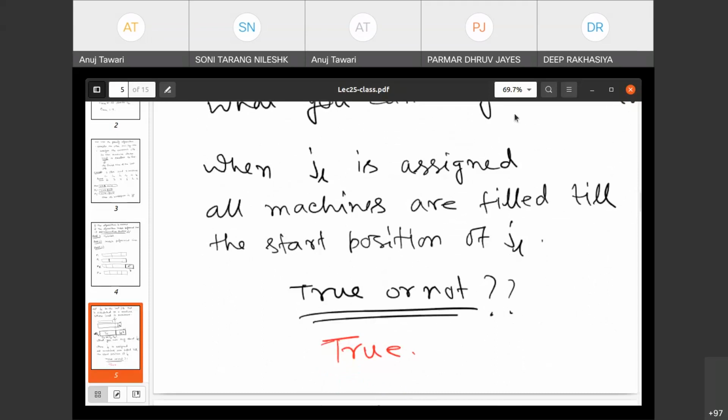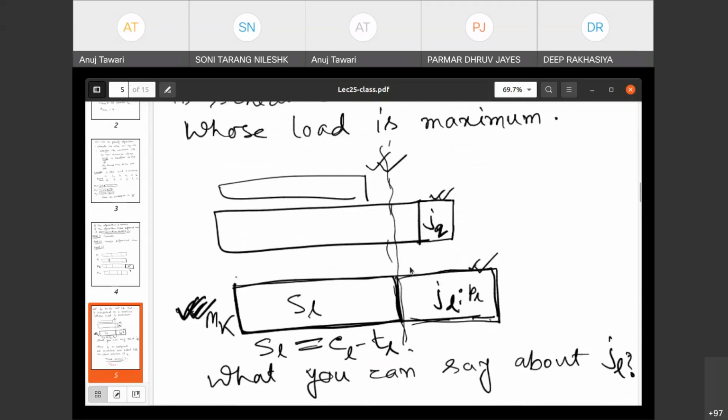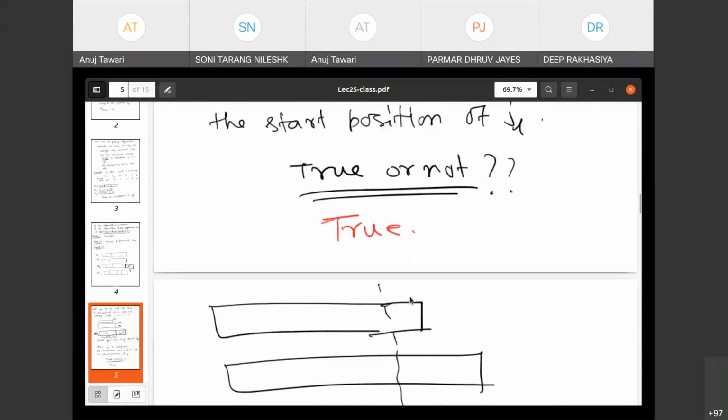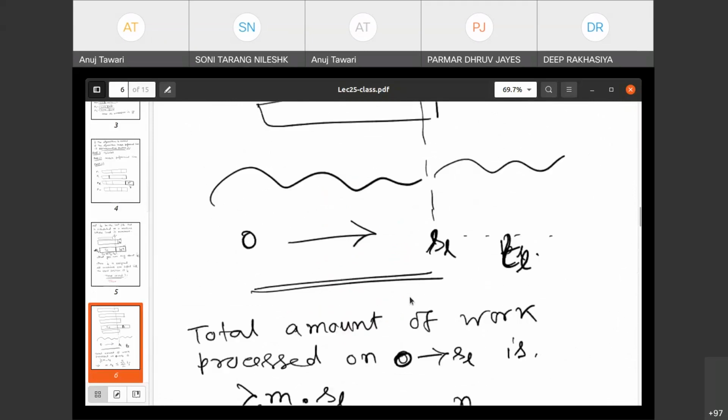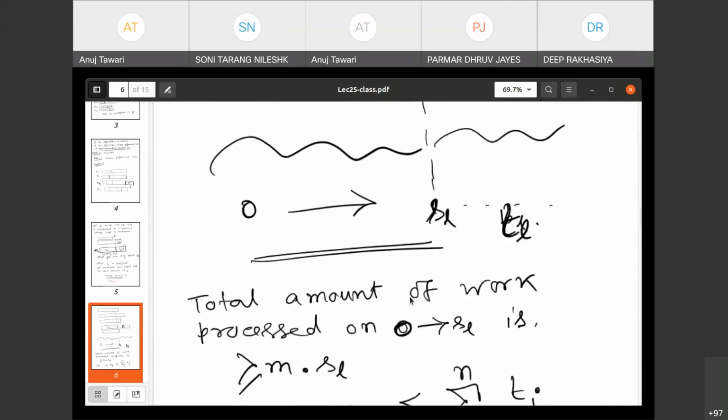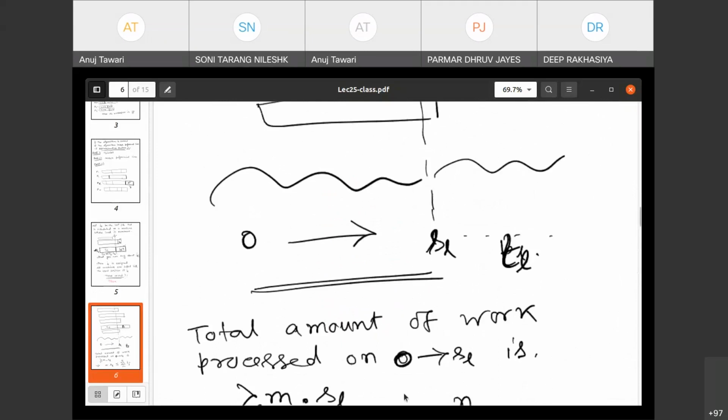So when JL is assigned, all the machines are filled till the start position of JL. Right. So all machines are filled means their total load so far was more than the start time of JL. Okay. That is why you have assigned it to this particular machine. So now what can we say about the total amount of work which is done from time 0 to SL, right?